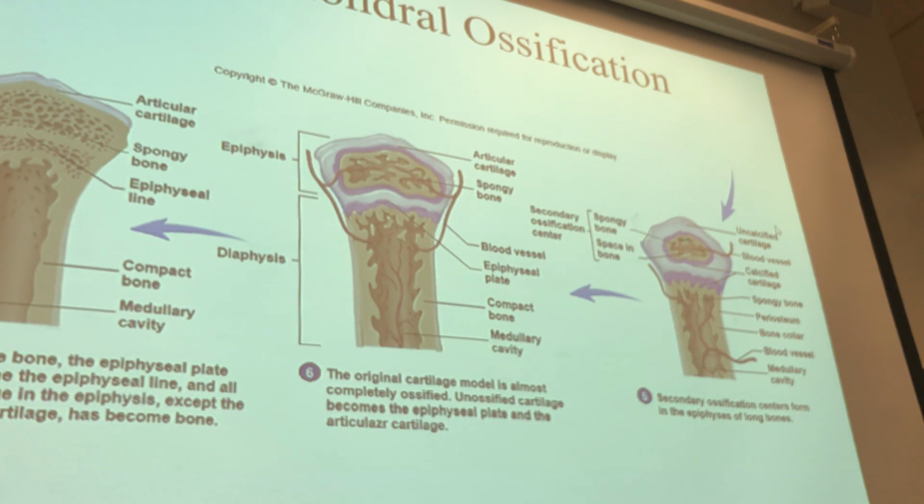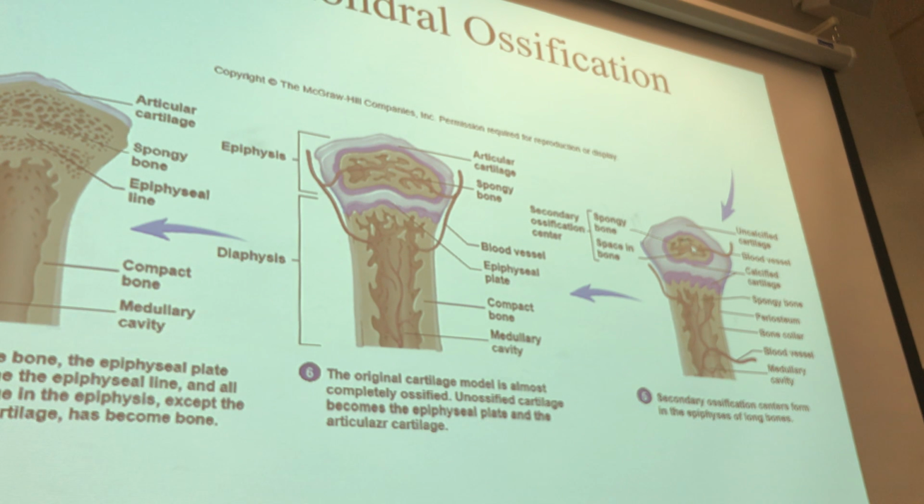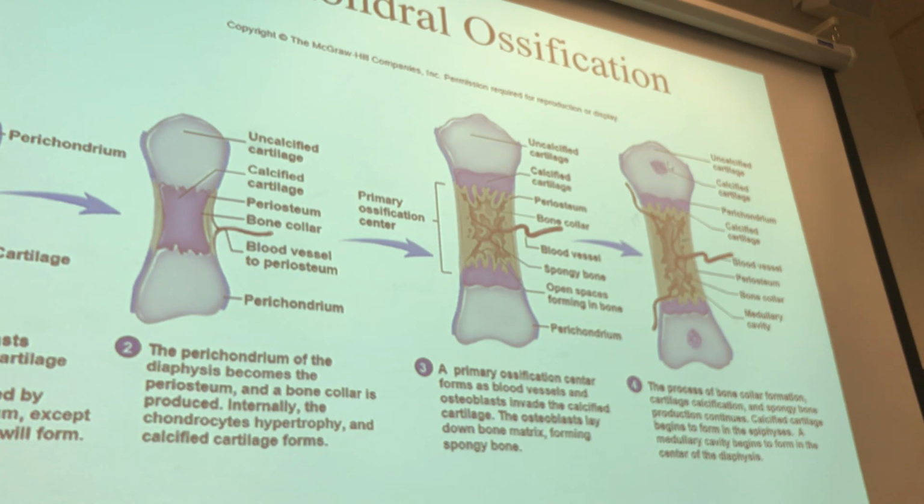Then new blood vessels penetrate. See that? So you need that penetration of blood vessels to bring osteoclasts, to bring calcium, to bring the phosphates. Without the blood vessel penetrating, you're not going to get calcium phosphate into that region to form bone. So you need that penetration of the blood vessel along those secondary ossification centers on the ends.